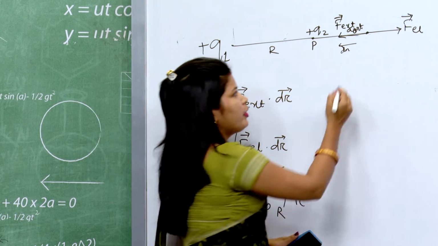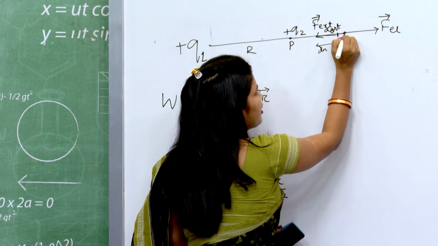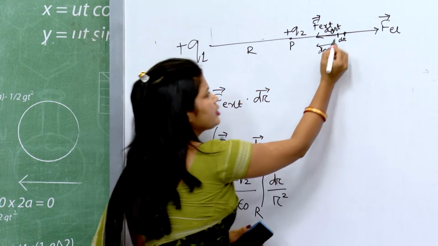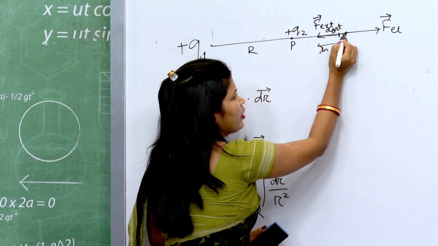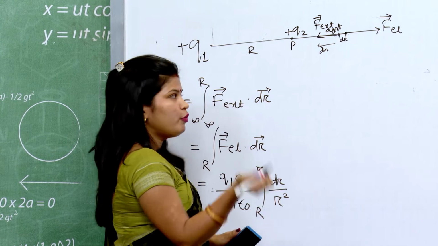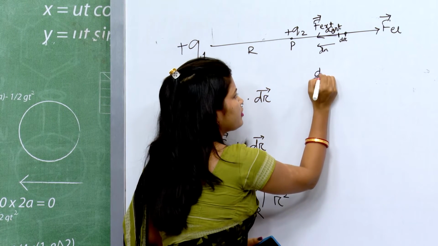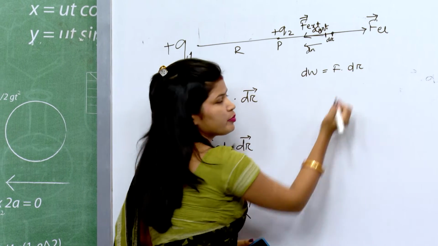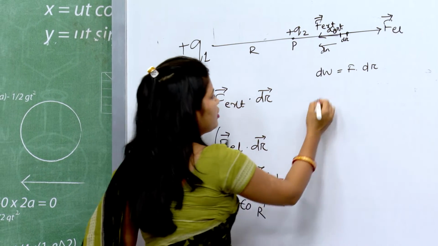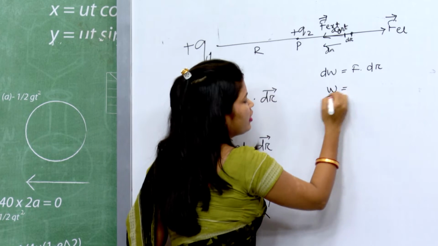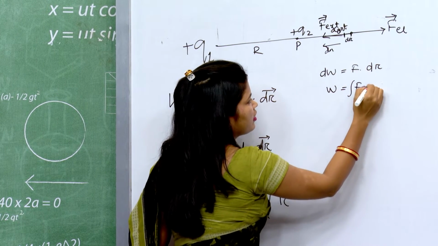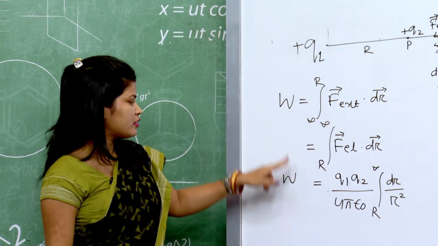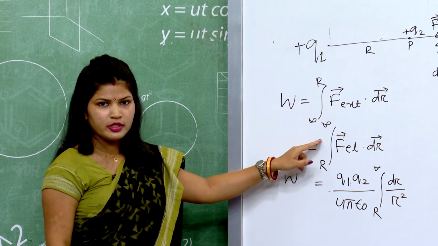That is why we are taking a very small displacement dr here, and in this small displacement the force is the same everywhere. So, now we are permitted to put the formula W is equal to force into displacement. In order to get total work done, I have to integrate, that is F dot dr. That is why we are integrating, where the integration is needed.